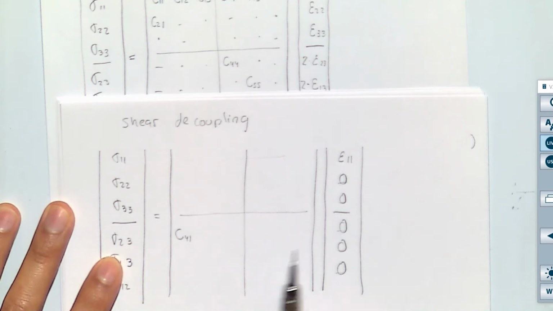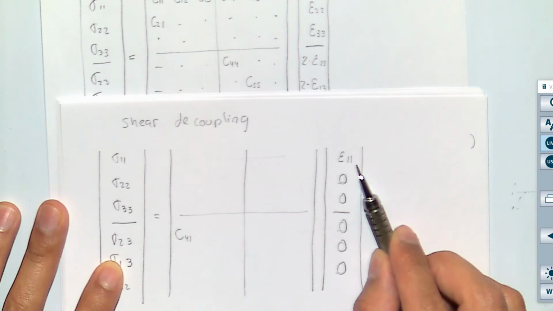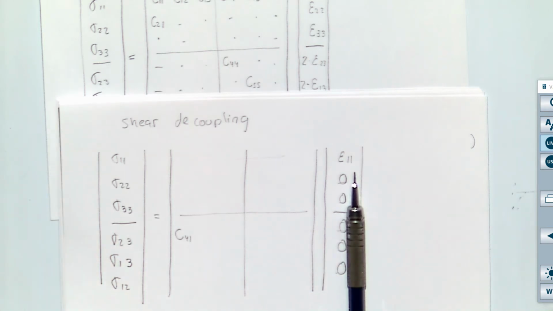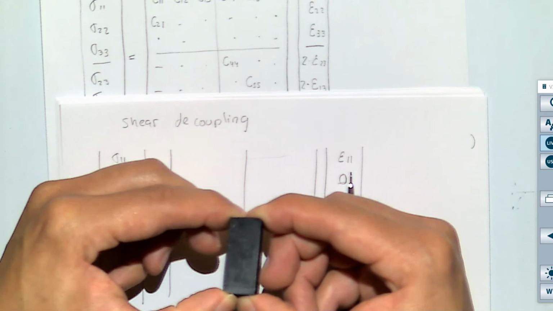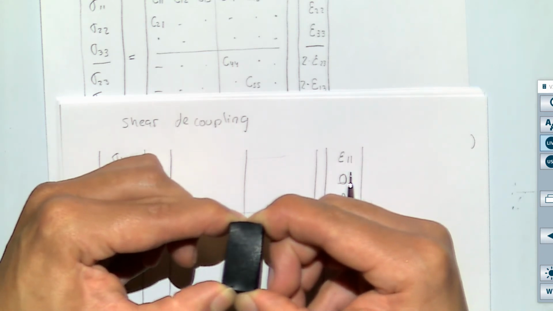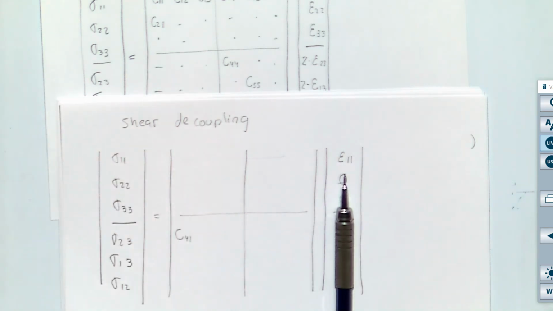So the question here is, can a linear strain produce a shear stress? So if you deform a solid like this one and you add a linear strain, can that produce a shear stress in a plane perpendicular to that, or in any plane?